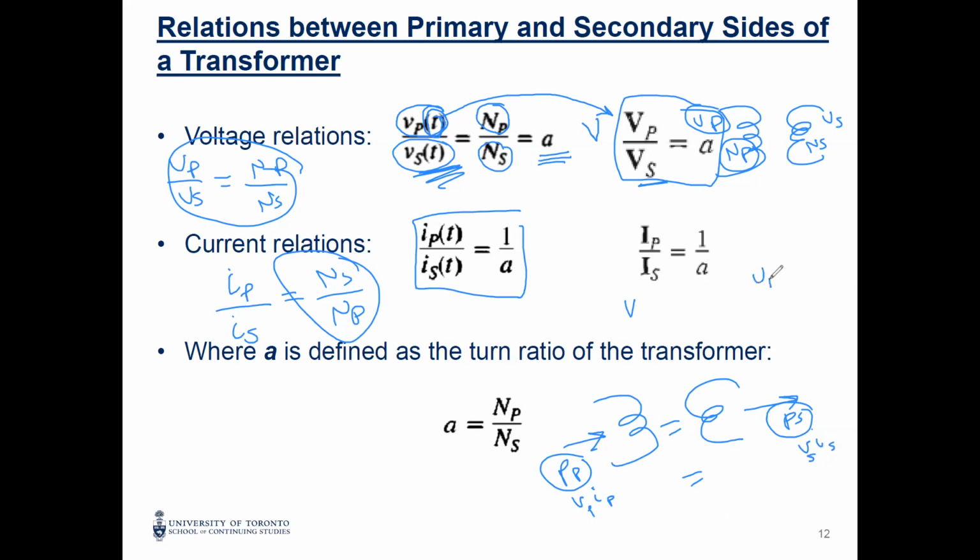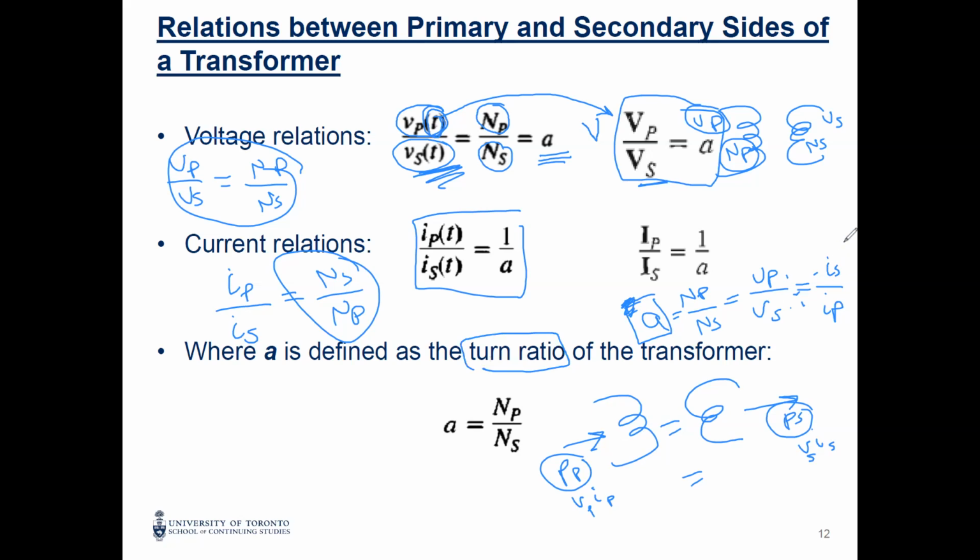So VP over VS equals IS over IP. You can see that they are reversed, right? And it equals NP over NS, which equals A, the turns ratio of the transformer.